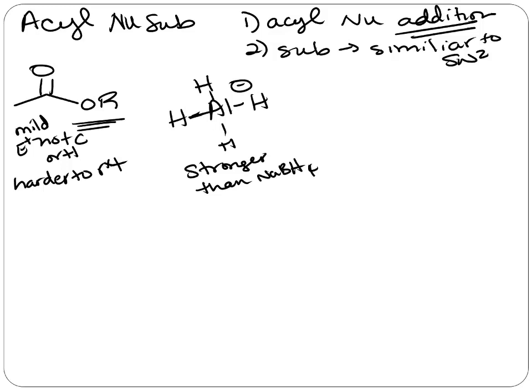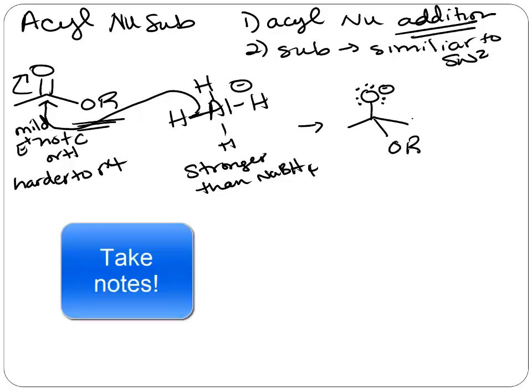But just like our previous mechanism, it's the same acyl nucleophilic addition. You attack the carbonyl carbon and you open that pi bond. But this is where something interesting happens before we can even protonate.